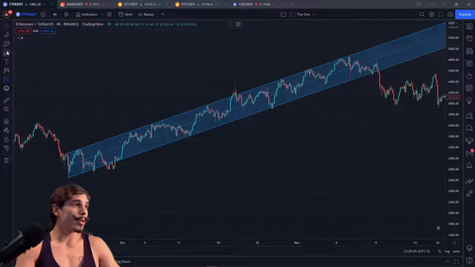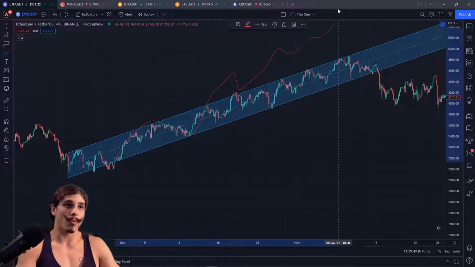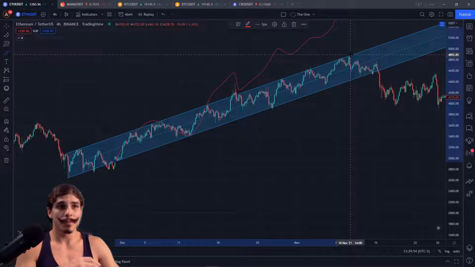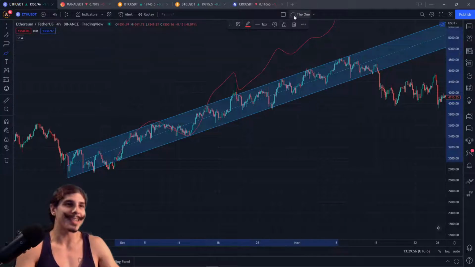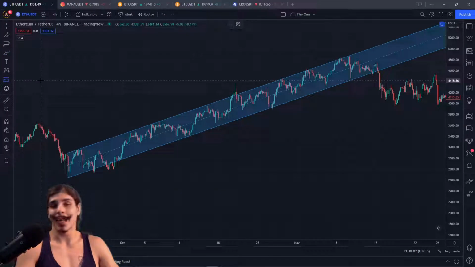Because when you're in a situation like this, price could break above here and create some kind of parabolic state. If price breaks above your uptrend channel, that means price is probably going to continue higher. So you don't really want to be shorting in these scenarios, but I'm going to show you how to set it up anyway, because I don't want to close you out of any information.